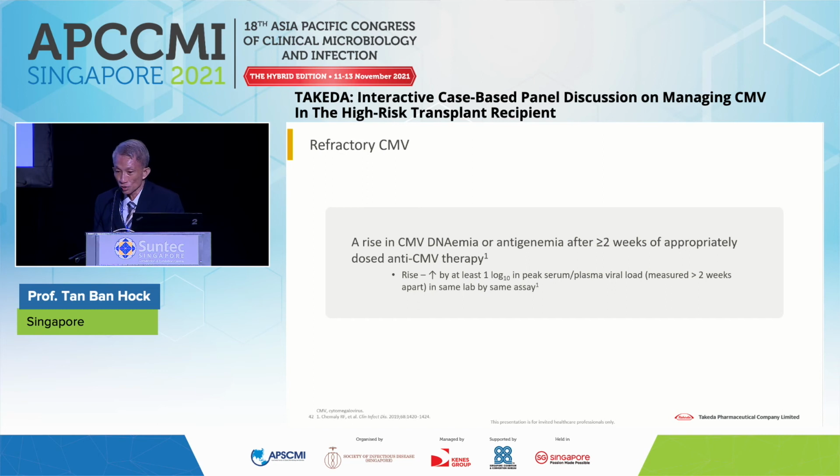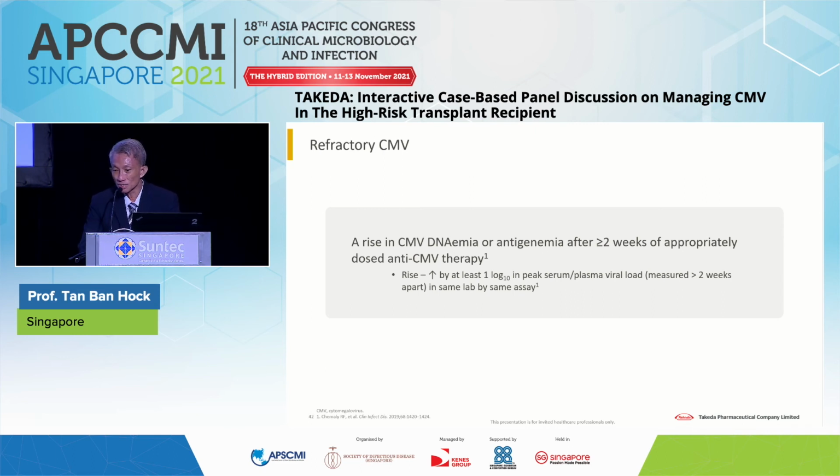We have to distinguish that from the concept of refractory CMV, which was officially defined quite recently as a rise in CMV DNAemia or antigenemia after at least 2 weeks of appropriately dosed anti-CMV therapy. And the smaller print there is more for very big countries.